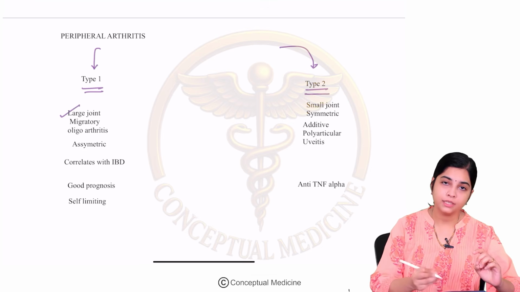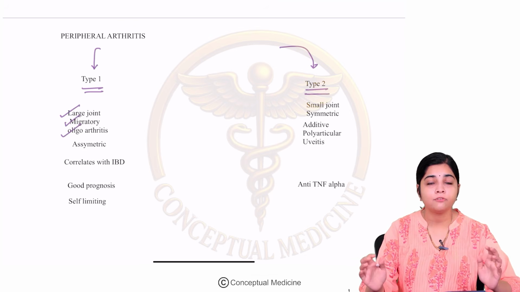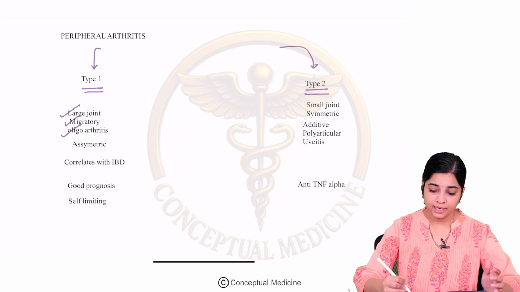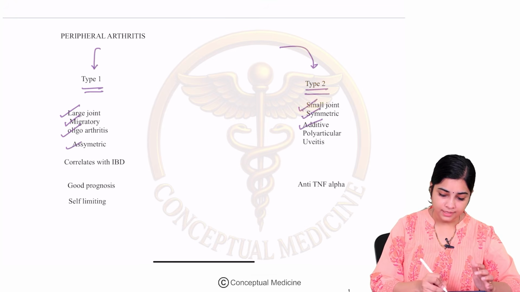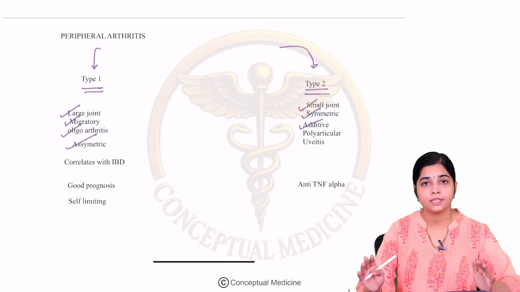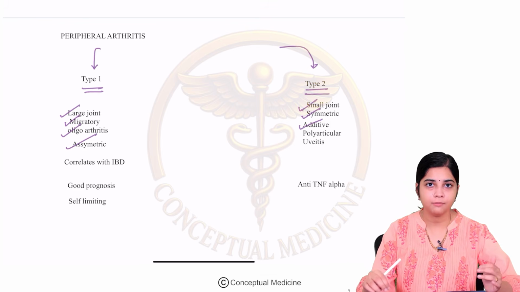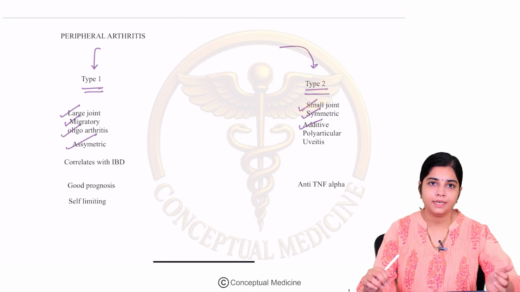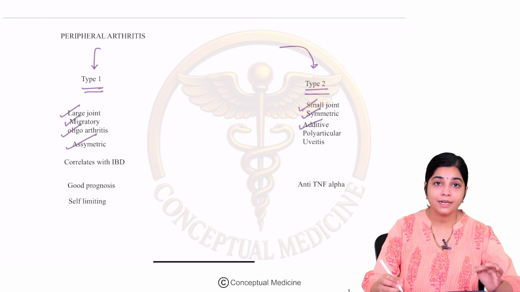Type 1 is predominantly large joint involvement, it is migratory in nature, and it is a type of oligoarthritis, whereas type 2 is predominantly small joint, symmetric, additive in nature. So type 1 is asymmetric, type 2 is symmetric, and it involves small joints. So type 2 is very similar to rheumatoid arthritis. Whereas type 1 is predominantly asymmetric, oligoarticular, migratory, and large joint in nature. But here it is symmetric, small joint, additive in nature, and polyarticular.